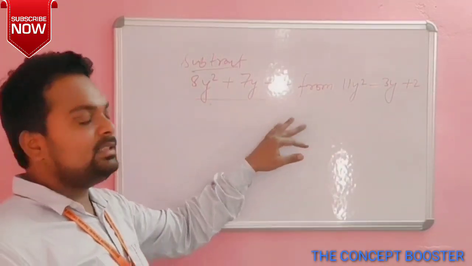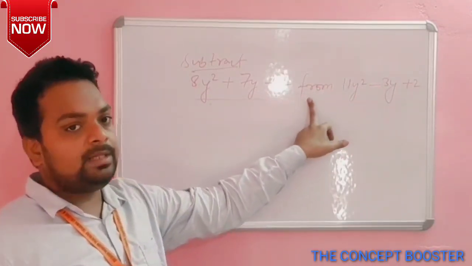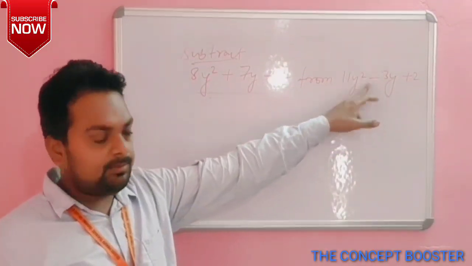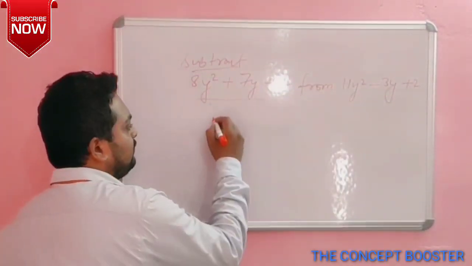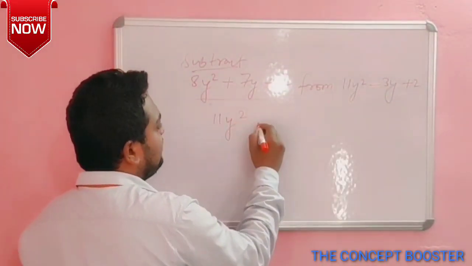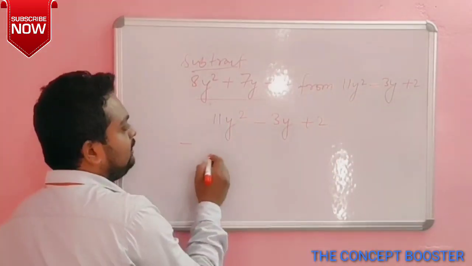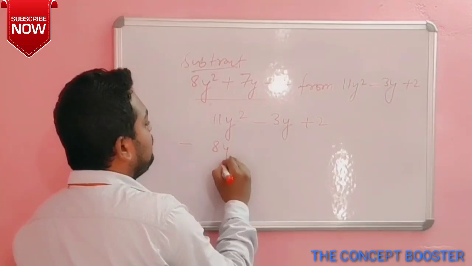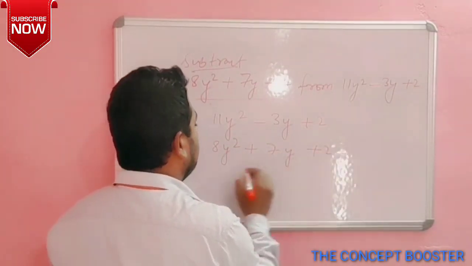So by the method you will write this one above, because we have written from here. From means you have to subtract this expression from this expression. So write 11y square minus 3y plus 2, then subtraction 8y square plus 7y plus 2.